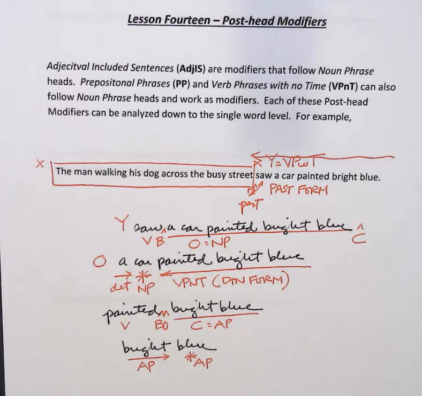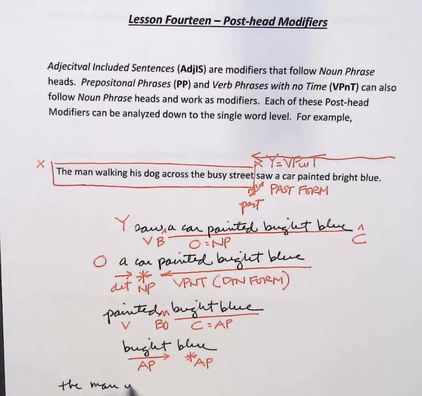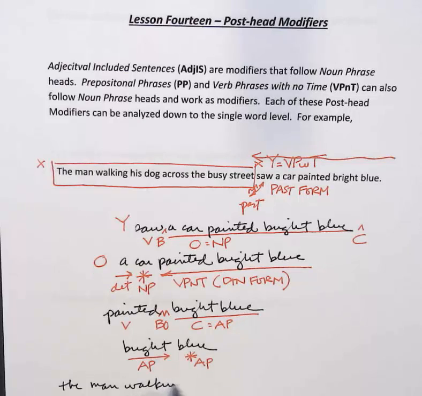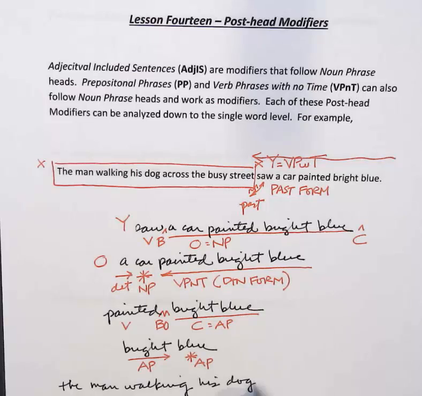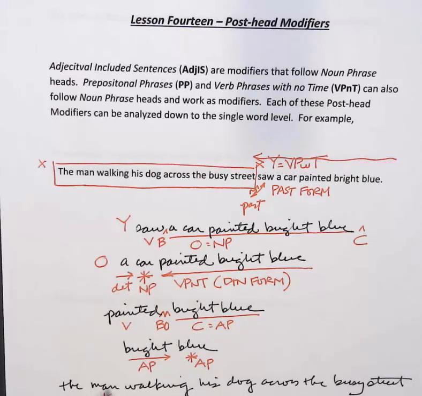So let's take a look now at the subject. The man walking his dog across the busy street. And we'll do the same thing. This is a noun phrase. Noun phrases always have a head, like the man.